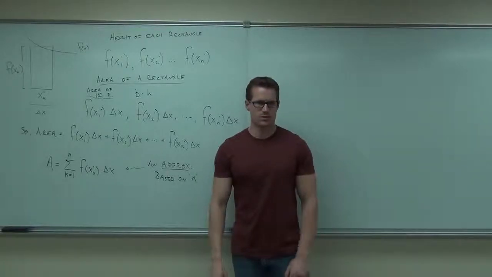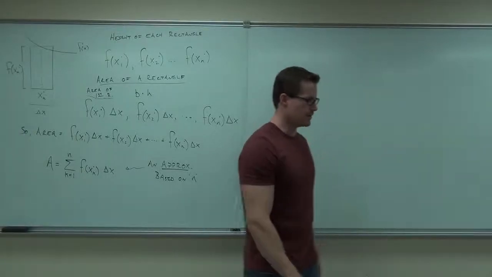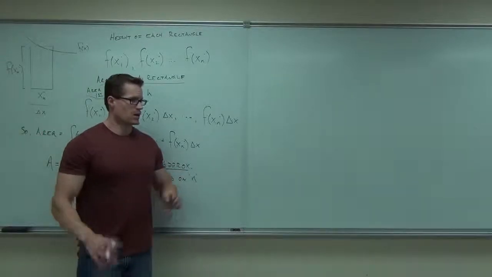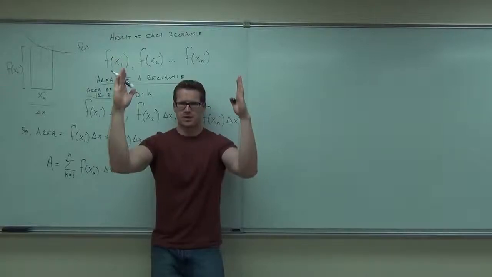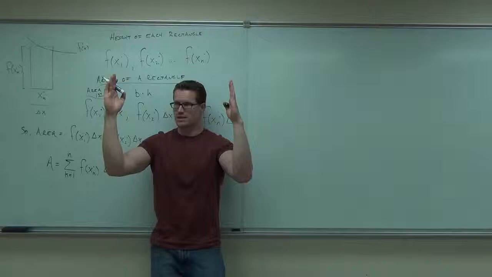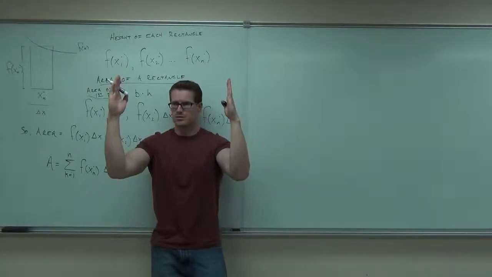The more rectangles, probably the better. How can we make this better and better? Make n approach infinity. So basically make more rectangles, right? If I only had 2 rectangles in this space and I had some curve, probably not that great. But if I had like 500 rectangles in this finite space, probably better. If I had 1 billion, probably better.